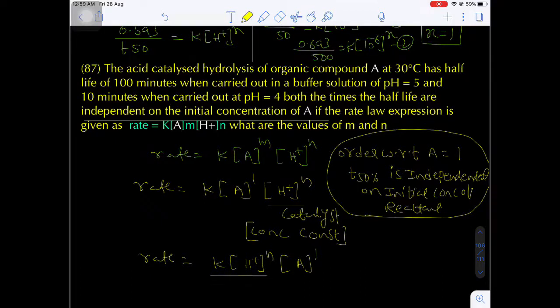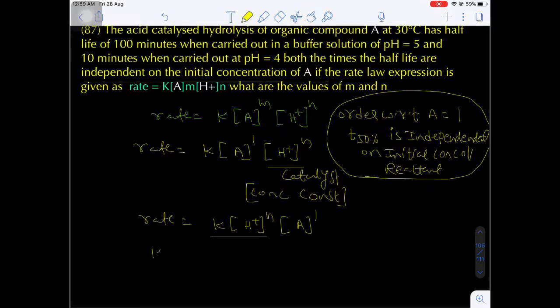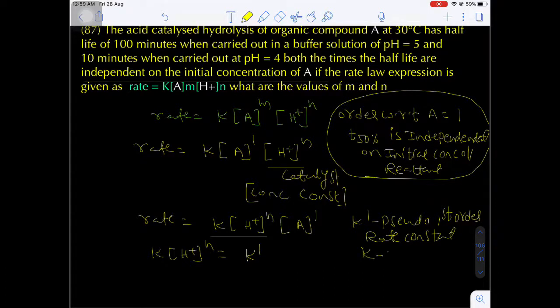Are you getting my point? Where K dash is a pseudo first order rate constant, whereas K is a second order rate constant. Are you getting my point?